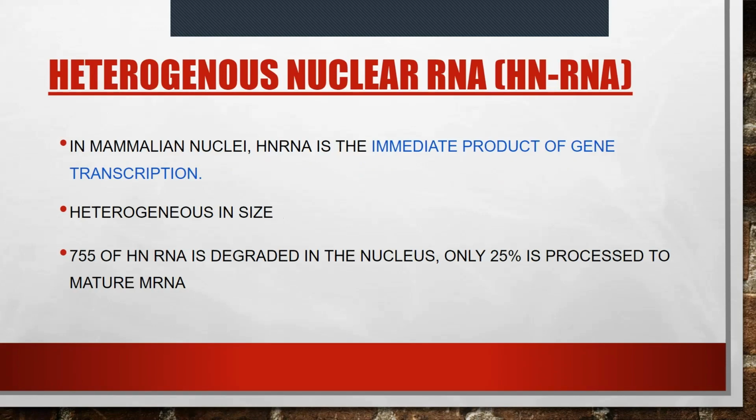Heterogeneous nuclear RNA: in mammalian nuclei, hnRNA is an immediate product of gene transcription. It is heterogeneous in size. It is degraded in the nucleus, and only 25% of this hnRNA is processed to mature RNA.